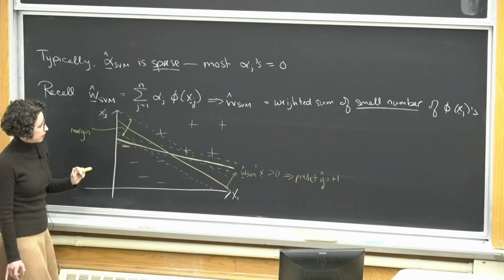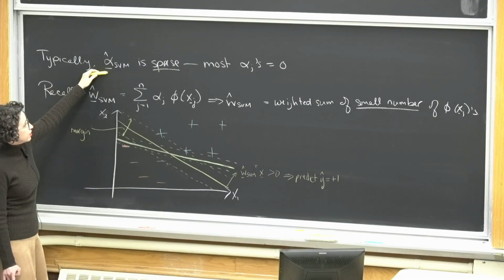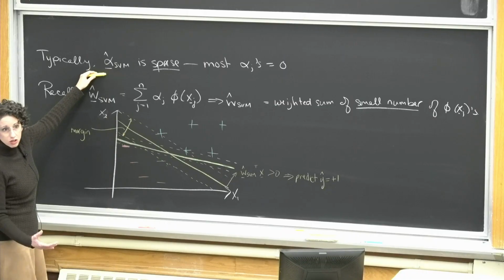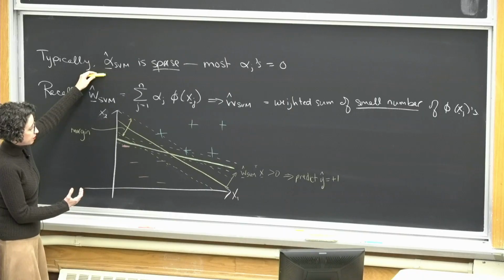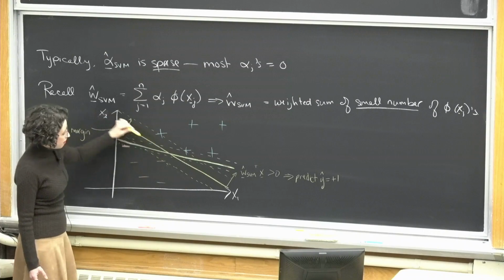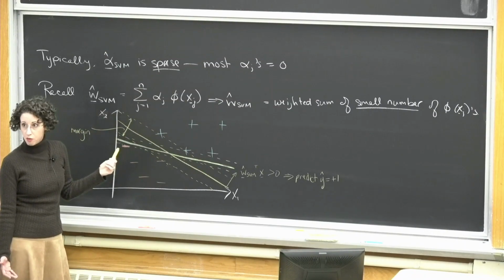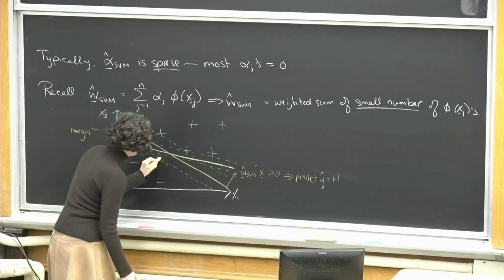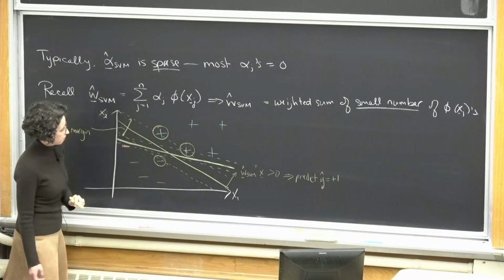In addition, I said earlier that this alpha hat SVM is sparse. So remember, alpha hat is giving us a weight on each one of the training samples. So in this example, with the yellow SVM classifier, which are the samples that have non-zero weight? Those are the samples that are right there on the margin, these 3 here.